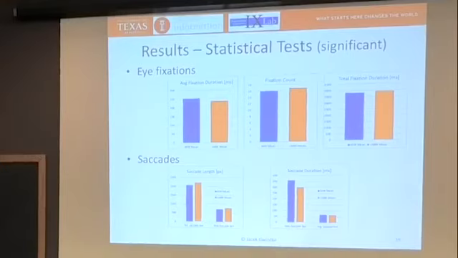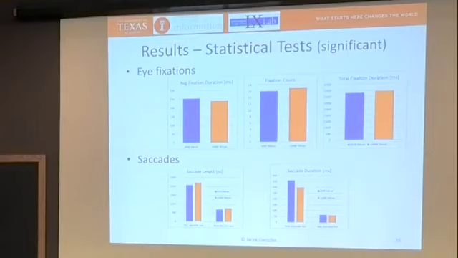So the average fixation duration was higher where people were mind wandering. Fixation counts were actually lower when people were mind wandering.